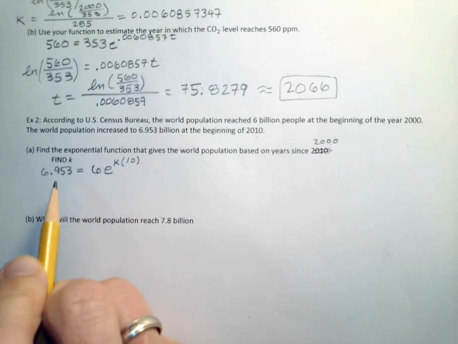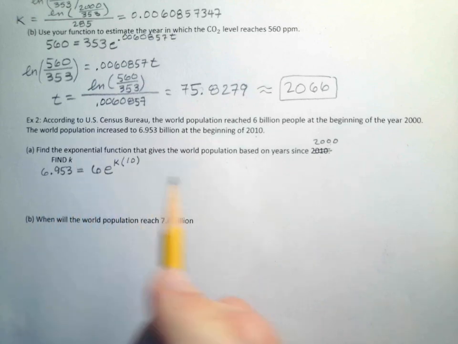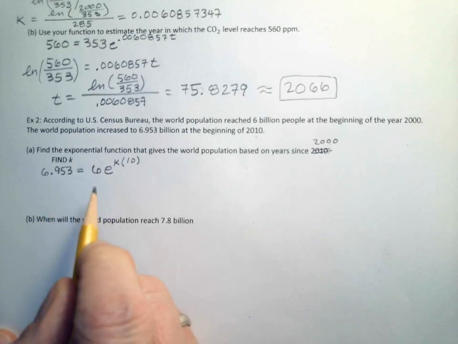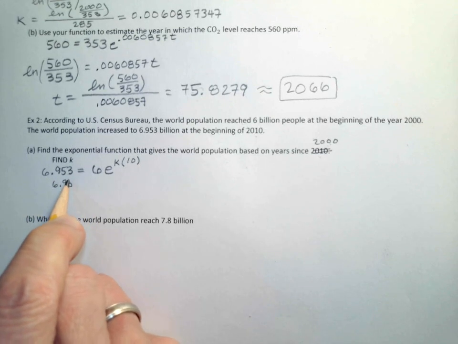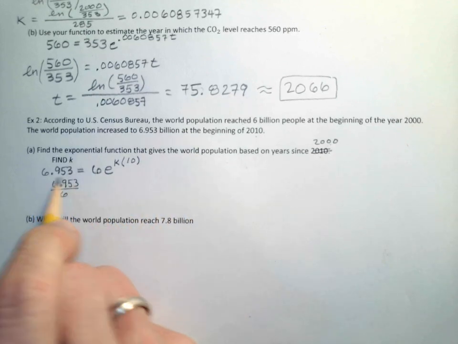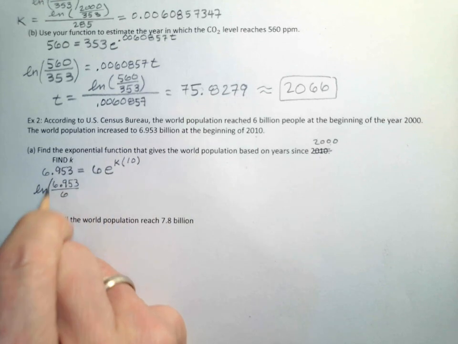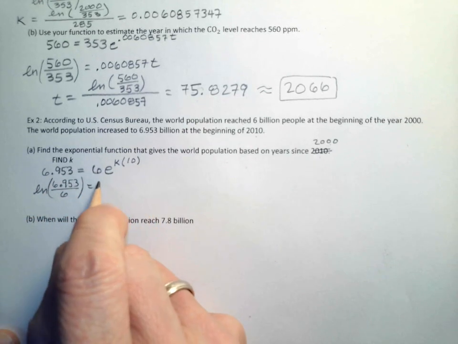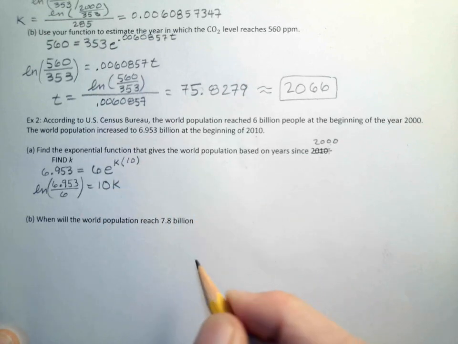So this is the difference in the populations, and this is the difference in the time in years. So divide both sides by 6, and then take the natural log. And we get 10 times k comes down in front, natural log of e, which we'll ignore.